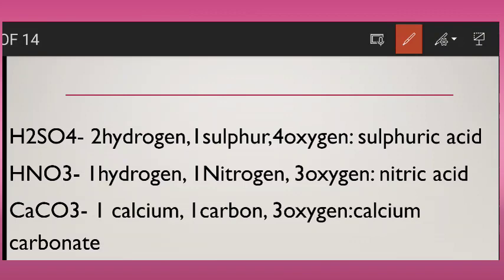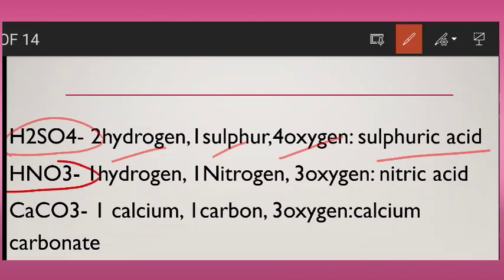Next, the name of the compound is sulfuric acid. Clear? And in this 2 atoms of hydrogen, 1 atom of sulfur, and 4 atoms of oxygen are present. This one is nitric acid. And in this, 1 atom of hydrogen, 1 atom of nitrogen, and 3 atoms of oxygen.